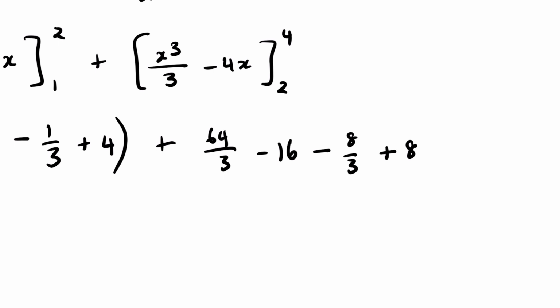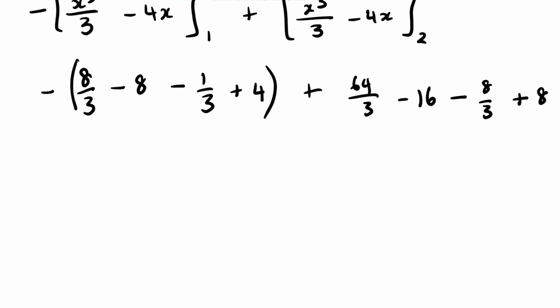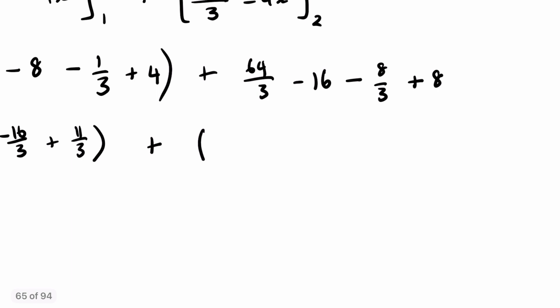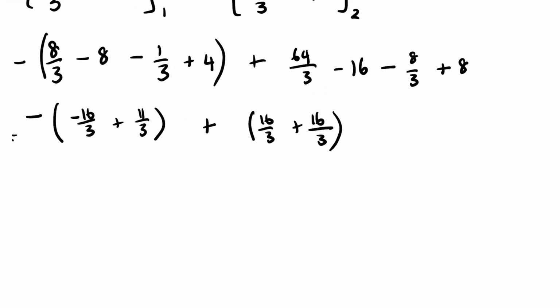All right, adding these all together, I'm going to end up with negative 16 on 3 plus 11 on 3 plus, and then for the second part, 16 on 3 plus 16 on 3. That'll be 5 on 3 plus 32 on 3, and when you add that together, 37 on 3 units squared.